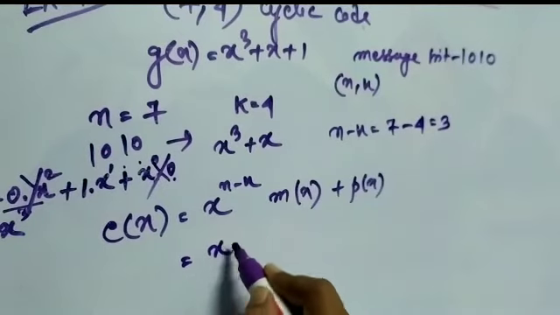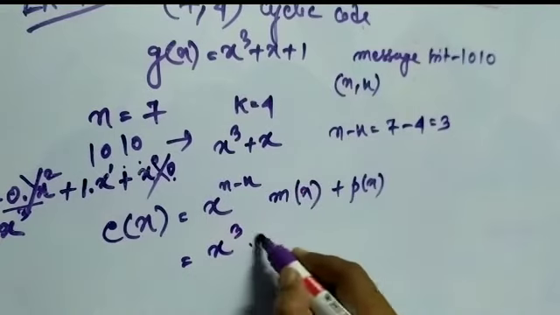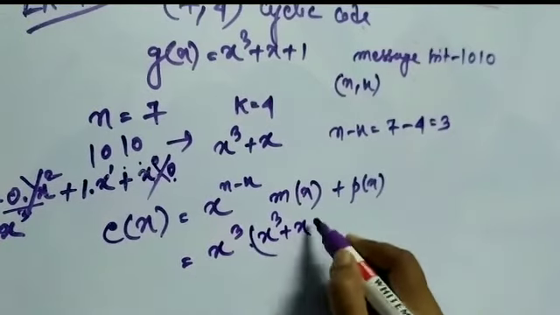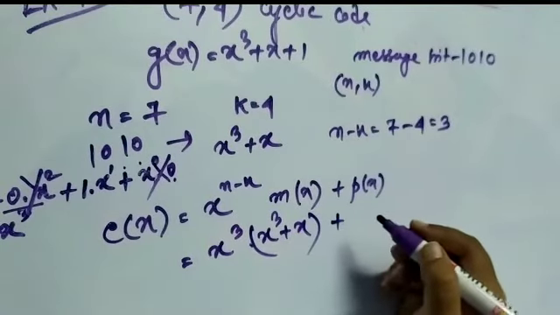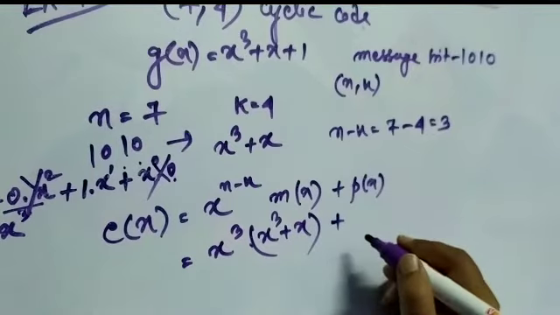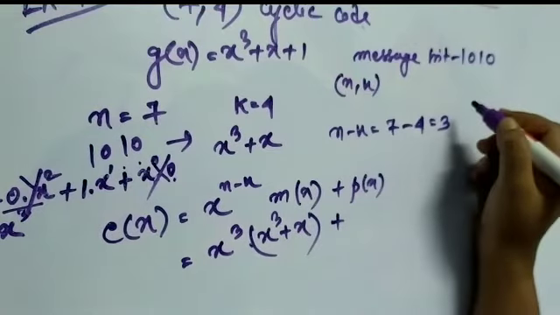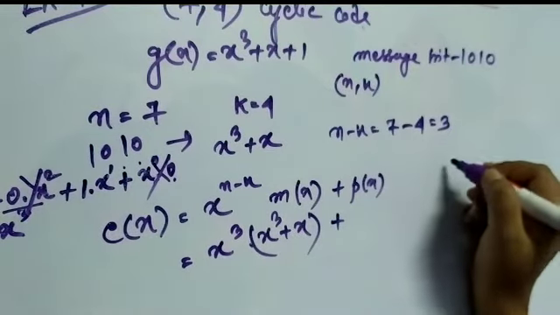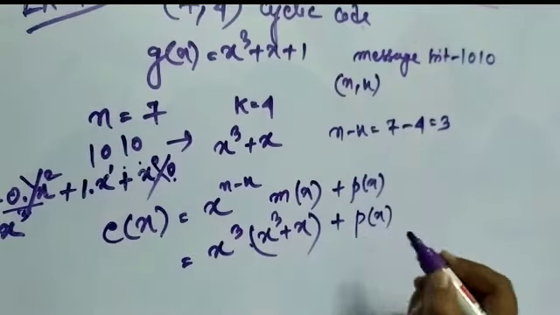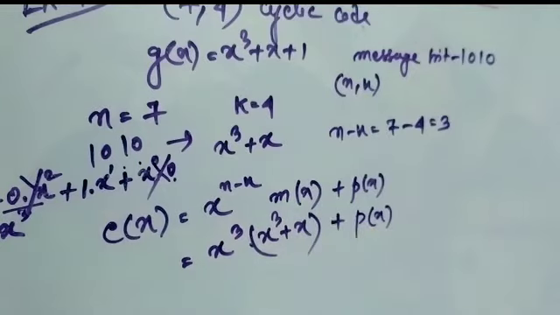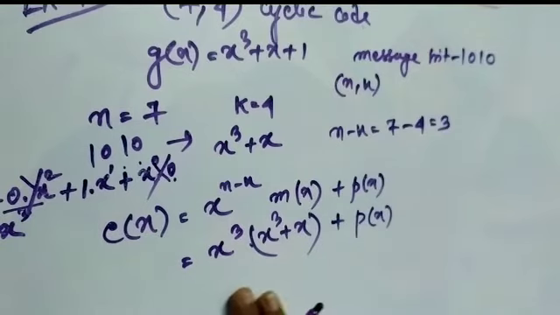So I here write x to the power 3 into message polynomial, that means x cube plus x, plus p(x). Again I have to calculate p(x), where the value of p(x) is x to the power n minus k into m(x) divided by g(x). First I will keep this as it is, and first I will calculate this term.